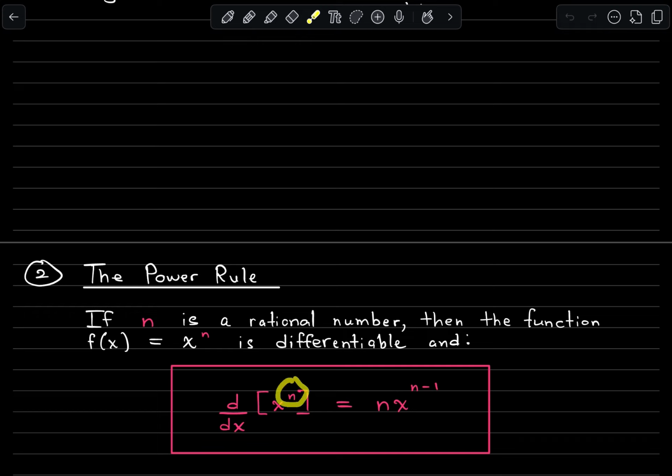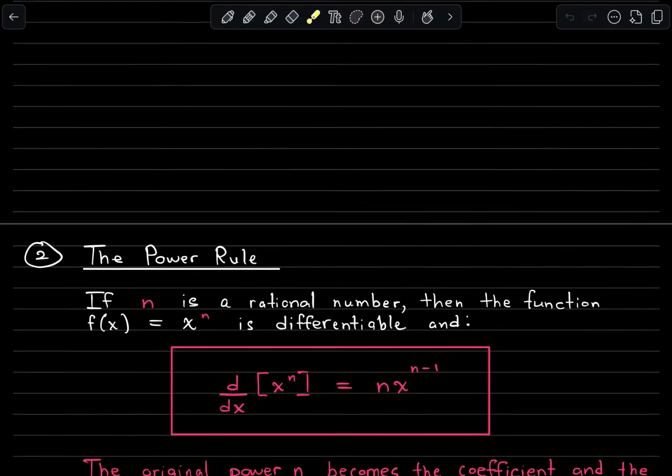So that original power comes down in front of x as a coefficient, and then from that original power you subtract a 1. And that's what you're left with. The original power is now a coefficient, and the new power is going to be 1 less than whatever you started with.